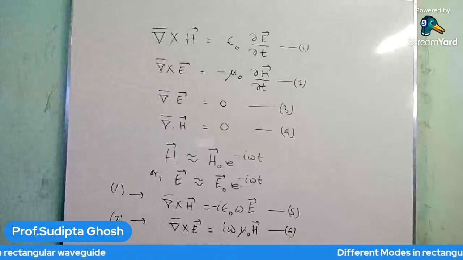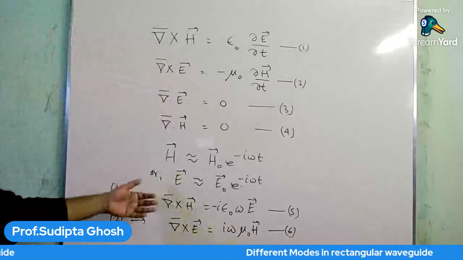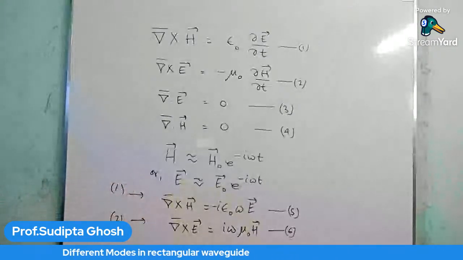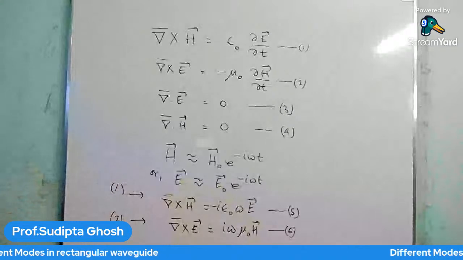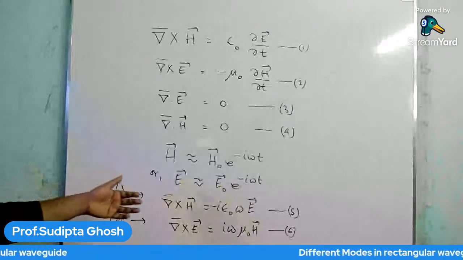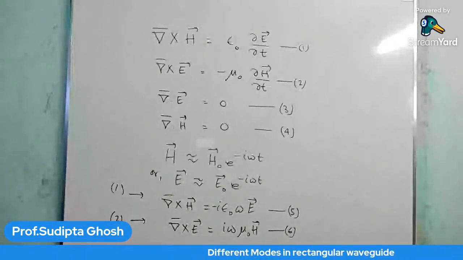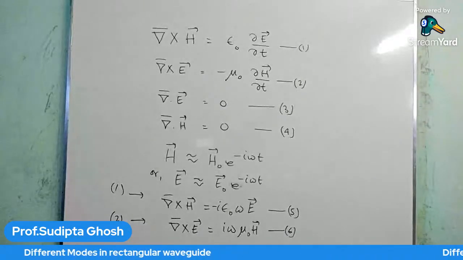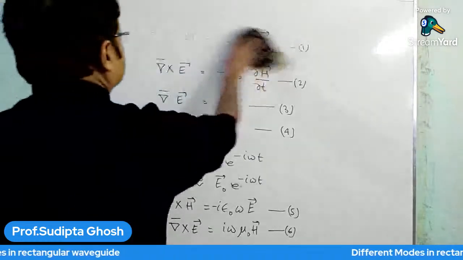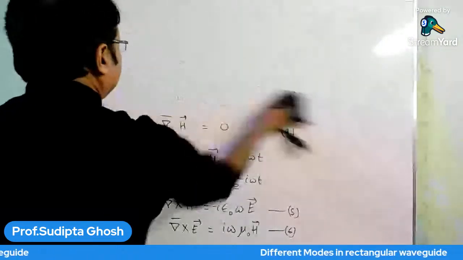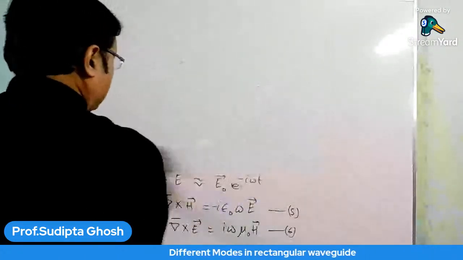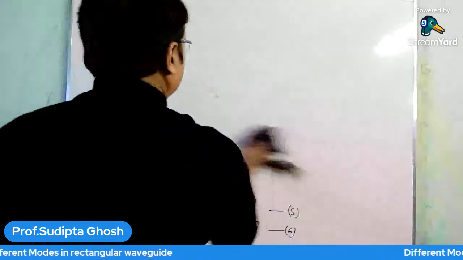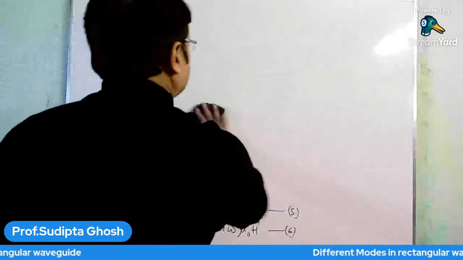So now let's move on to taking the value of curl H and curl E. So let's find out the value of curl E first. I'm wiping this out, keeping equations 1, 2, 3 and 4, and then find out the value of curl E at first.